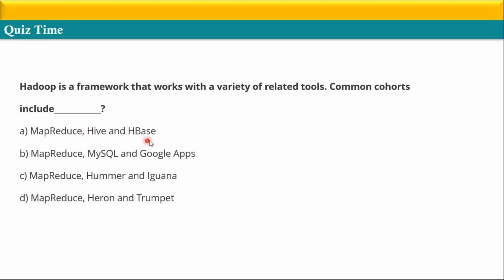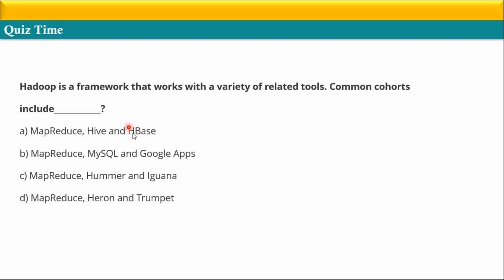And HBase is a NoSQL database. So, why do we need NoSQL databases? Because if something is stored inside HDFS, then in order to query the data stored inside HDFS, we need a particular database.